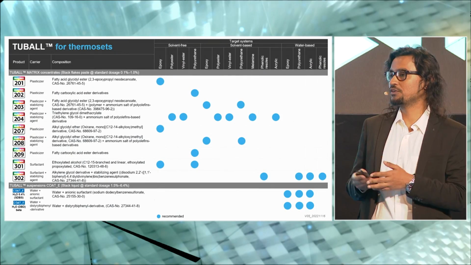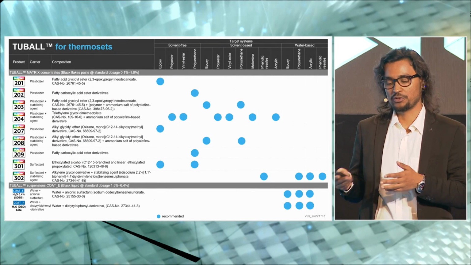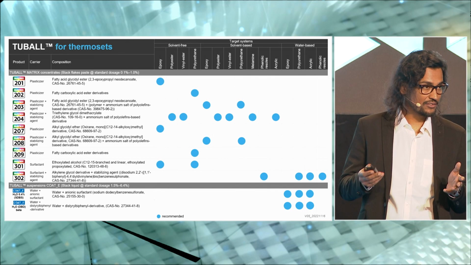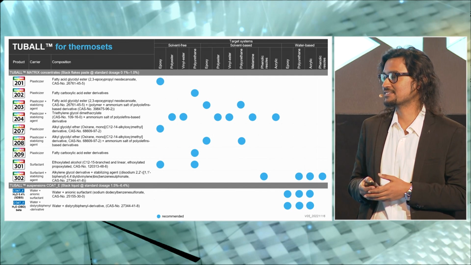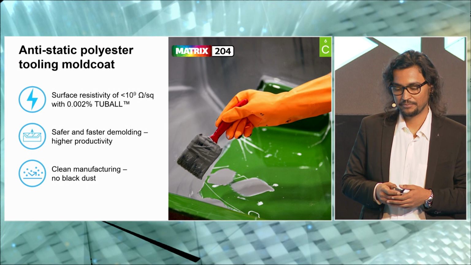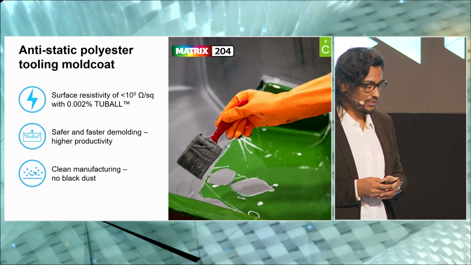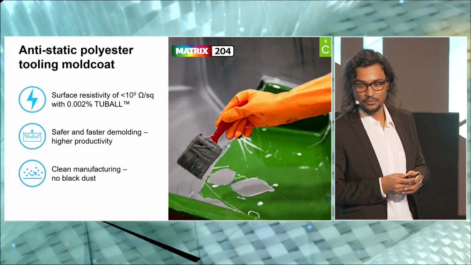When we give matrix in a particular carrier, you will be able to use it and disperse it with your own commercial setup, like Roma and Vosta does. We have a wide range of matrices available for various kind of base polymers. Now let me share some more interesting cases with you.